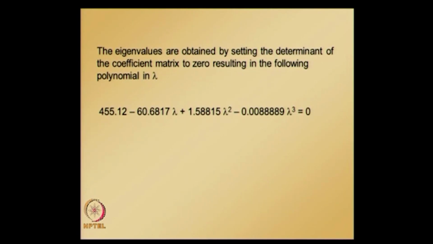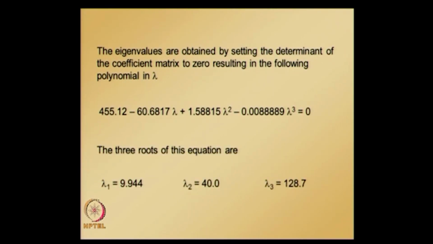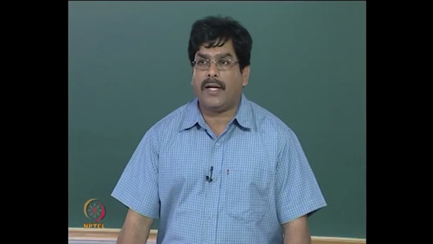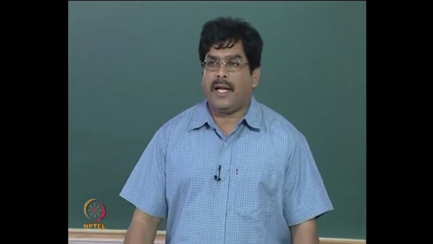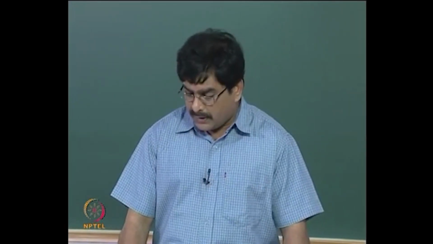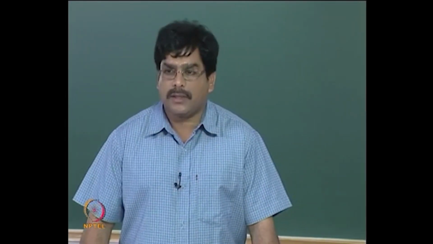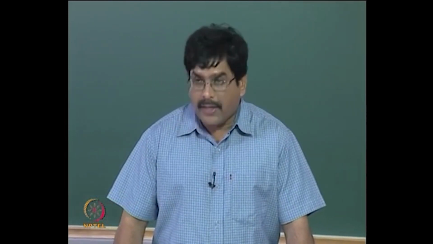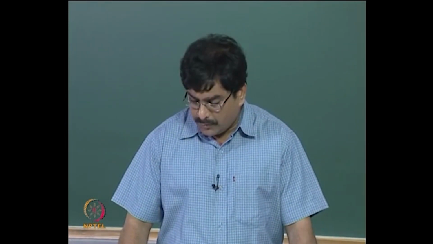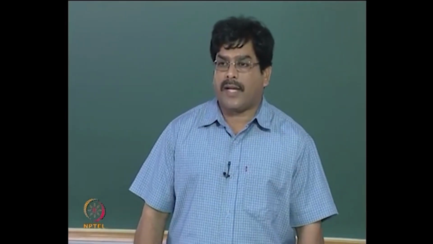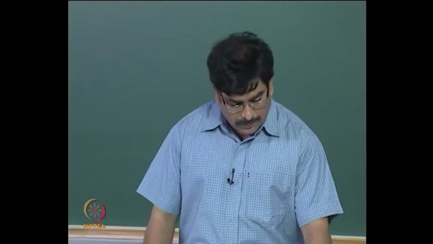Solving for the 3 roots of this equation, we get lambda 1, lambda 2, lambda 3, and the lowest eigenvalue corresponds to the first buckling mode, as we have already discussed earlier when we were solving the same problem using 2 node linear elements. So, by equating the lowest eigenvalue to the first buckling mode, we can obtain the critical buckling load.